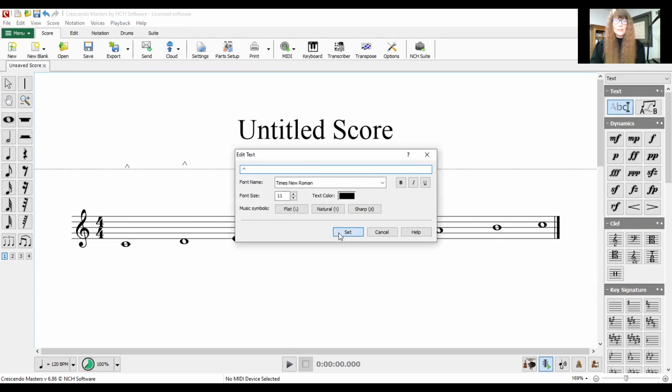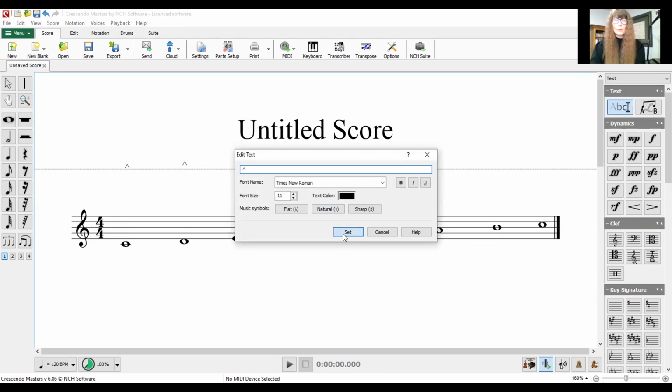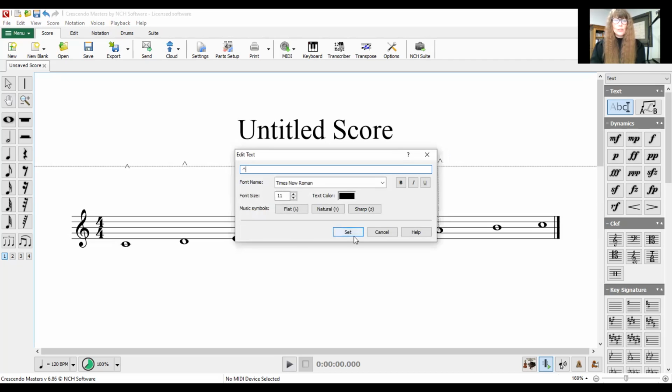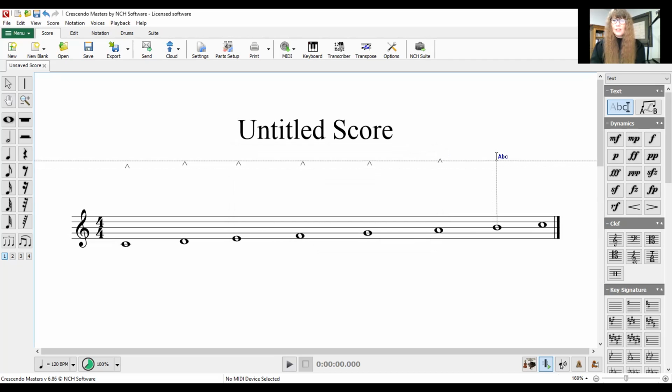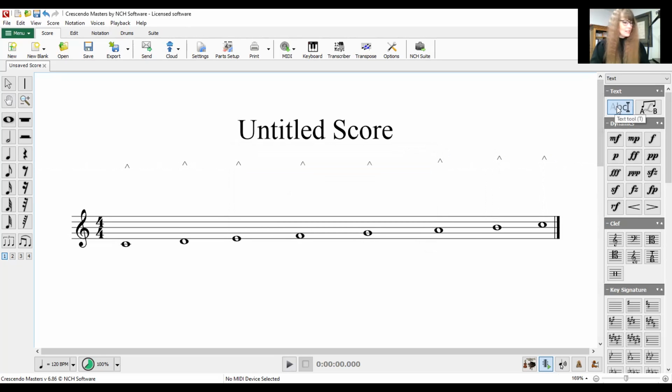So a caret is placed above each, and then underneath each of these carets, we're going to be putting the number, which number of the scale the note is. And we have 8 notes in the scale, so we just got one left in here. So you're going to have 8 numbers.